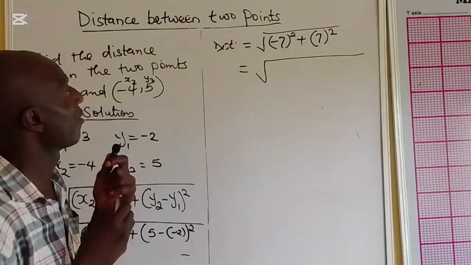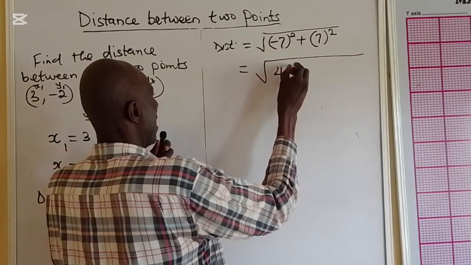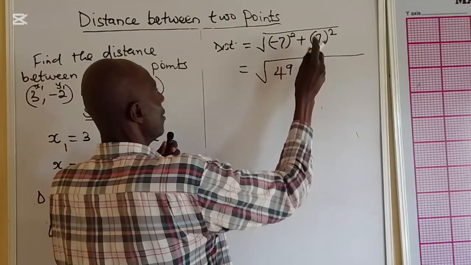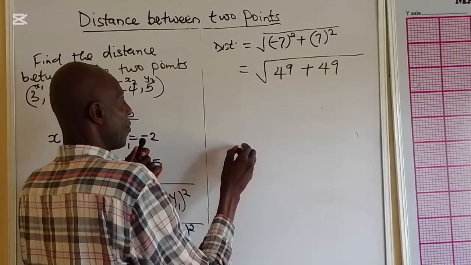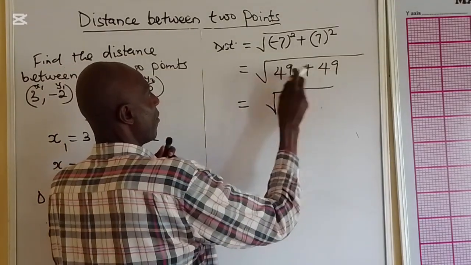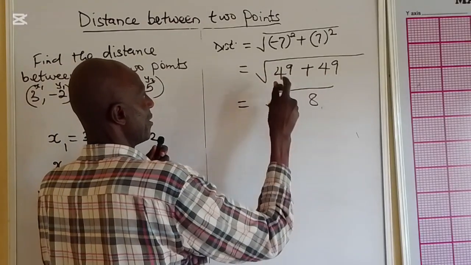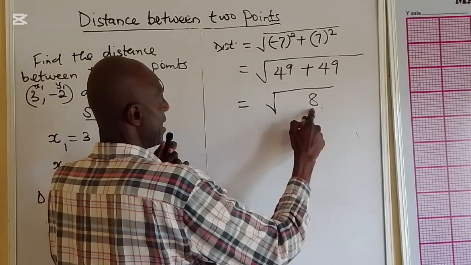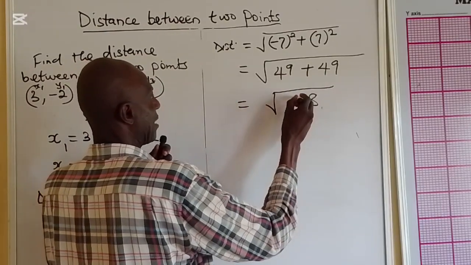Now, minus 7 squared gives us 49, since 7 times 7 is 49, plus another 49. 49 plus 49 is 98.